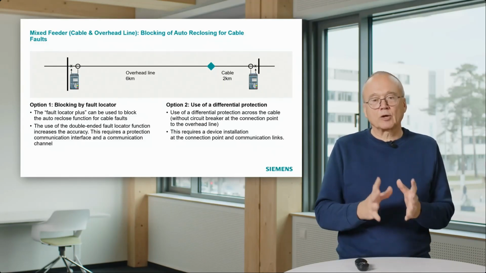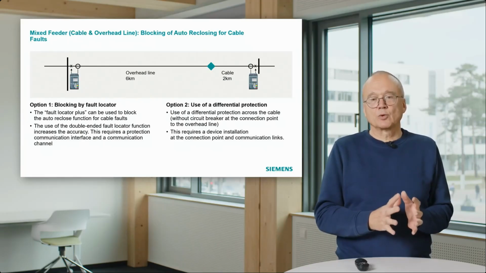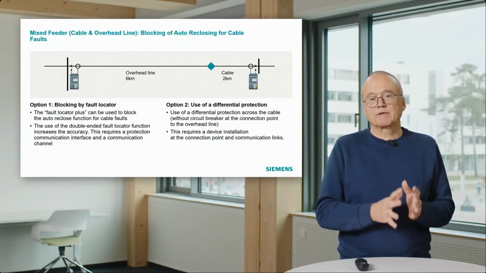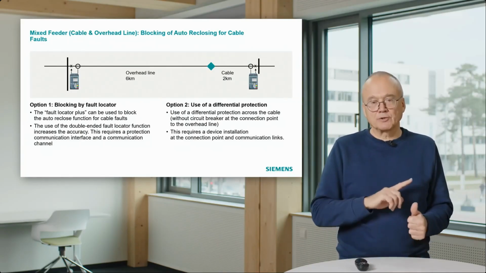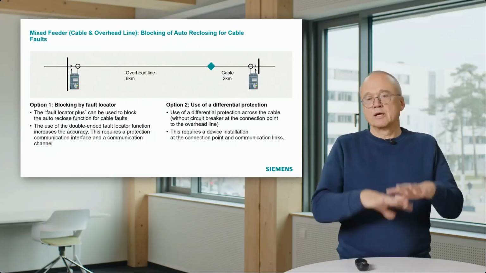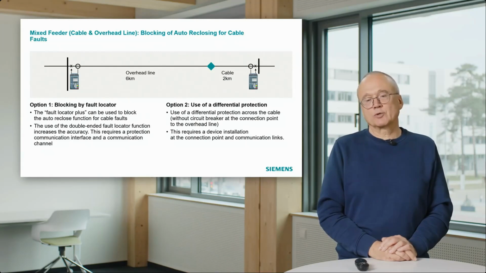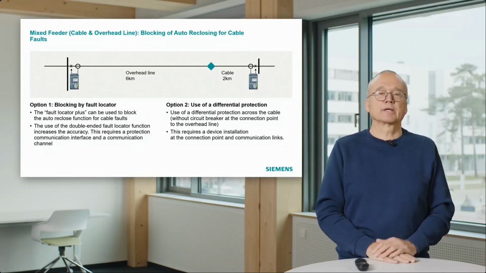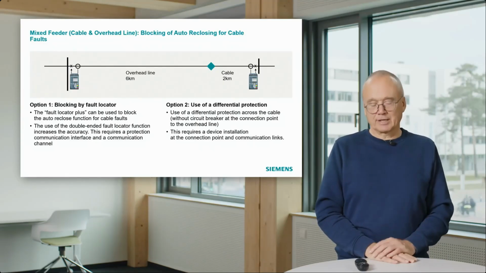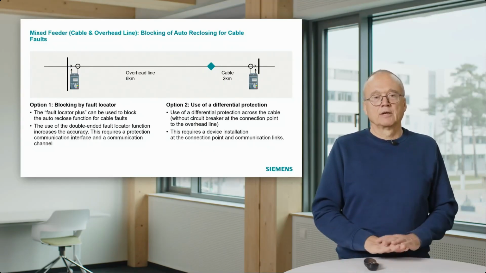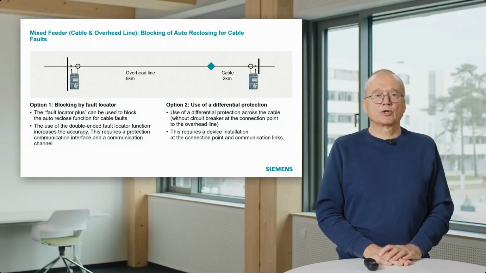As I said, that requires that you have the possibility to install a protection device at the connection point. That means you need a current transformer there, a place to install it, a DC voltage to supply it, and also the communication to the right end. So that was the application on mixed feeders, cable and overhead lines.